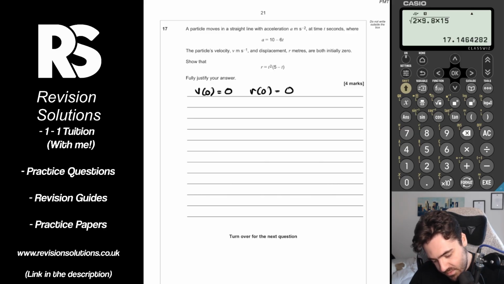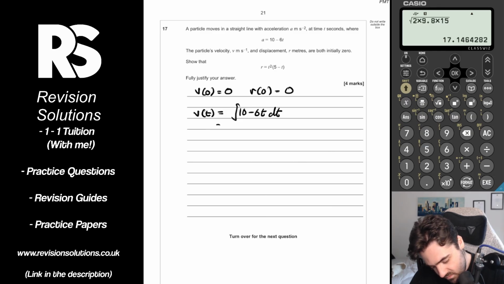And then it says show that the position function is given by that there. So first we have to go from acceleration up to position. We're going to have to first get to velocity by integrating once. So v of t is the integral of 10 minus 6t dt, which is going to be 10t minus, sorry, not 6t, 3t squared, plus a constant.